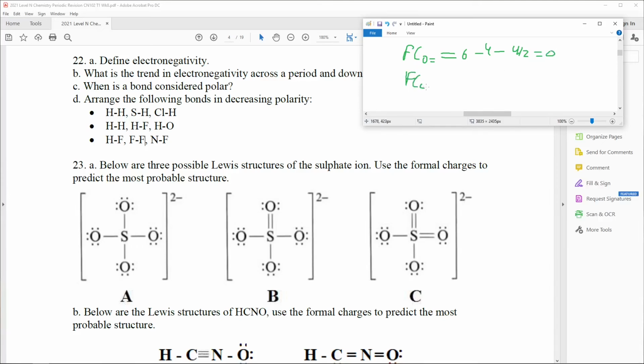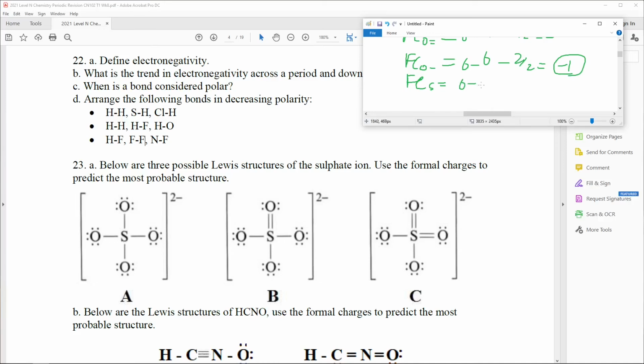Formal charge on the oxygen with the single bond will be 6 again, minus, it says it has 6 lone electrons, minus bonds once, so it has 2 electrons over 2, you end up with minus 1. The formal charge of the sulfur would be 6 minus, in this case you have 5 bonds, so keep that in mind.